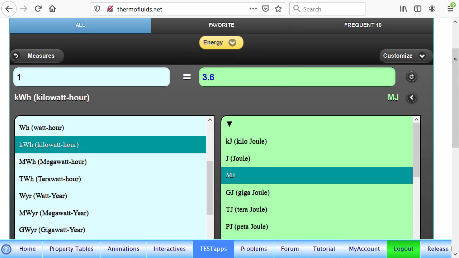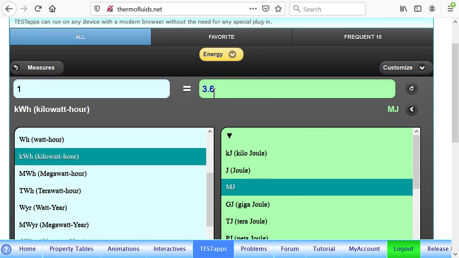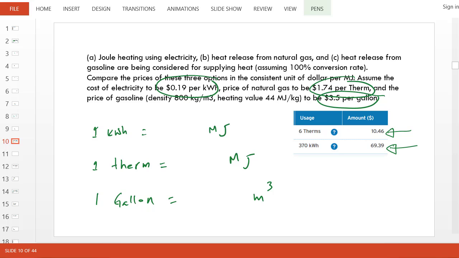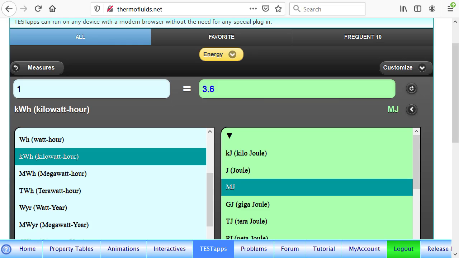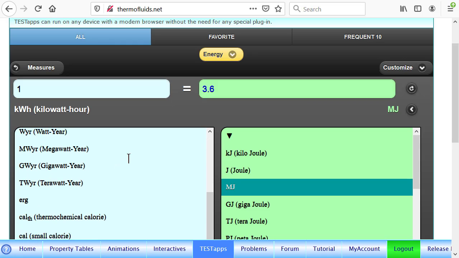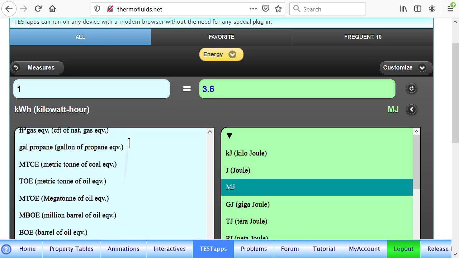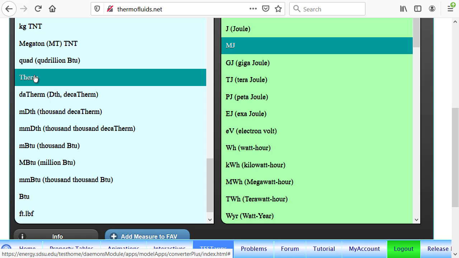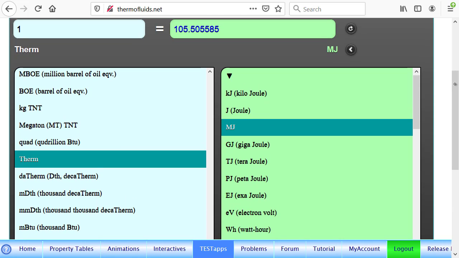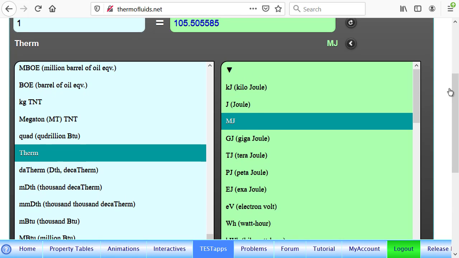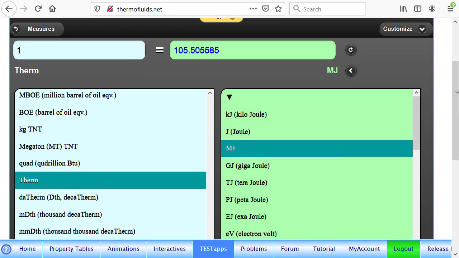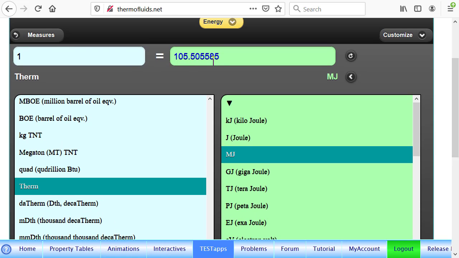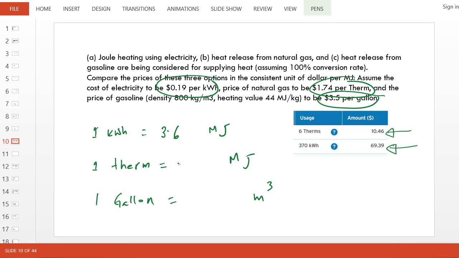At the bottom we have all English units. So 3.6 million joules. Let's pick up this number. 1 therm is also energy, so we can find therm towards the bottom. Yes, 1 therm is how many million joules? Okay, 105.5. Well, 105.51 really. We'll just write down 105.5 million joule.